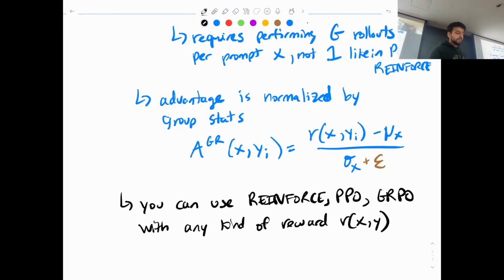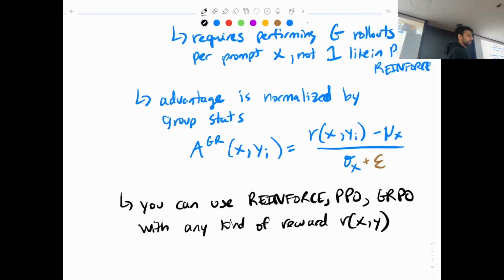But the key ideas are group normalization, which has had a very significant impact since it was released, and also this idea of clipping and making very stable updates to prevent degeneration.